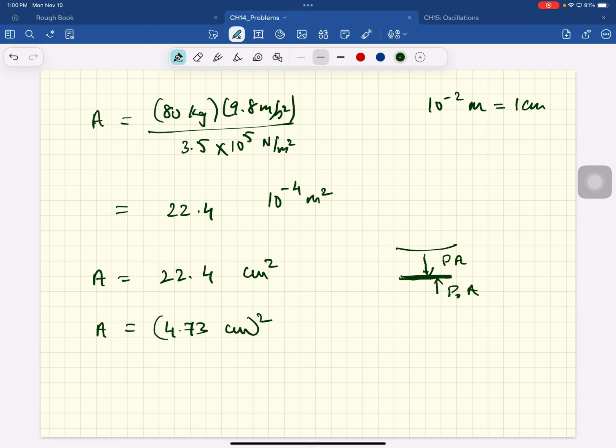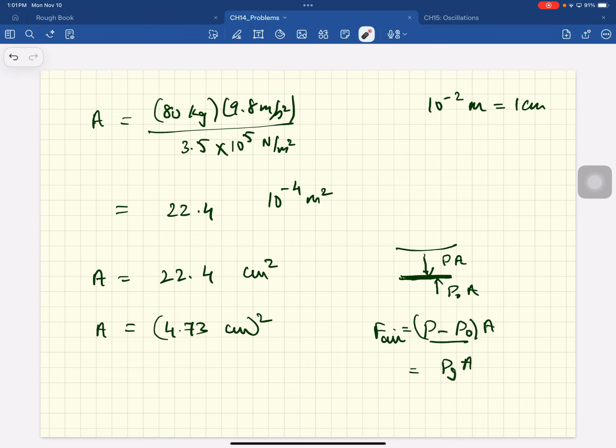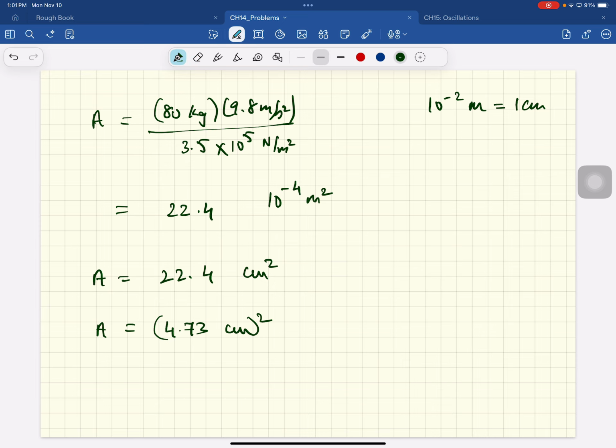So the force of the air is P minus P naught times the area, and this is gauge pressure. So if you had a perfect vacuum here, then you would use absolute pressure. If you were riding the bike on the moon, then you would use absolute pressure.